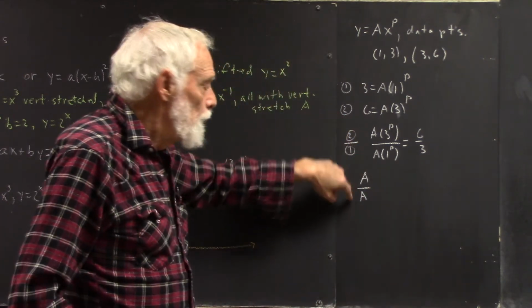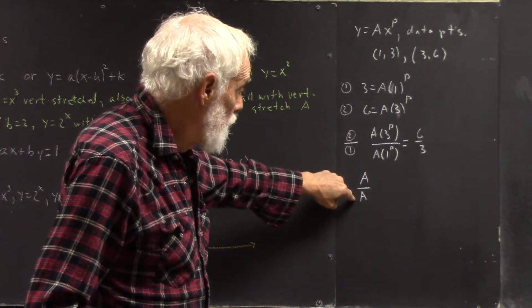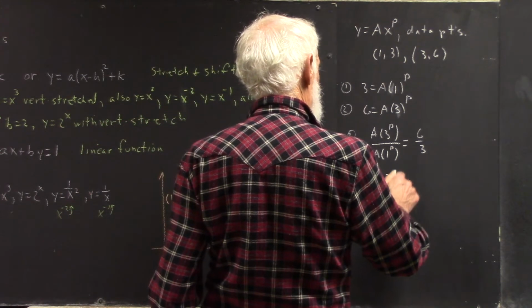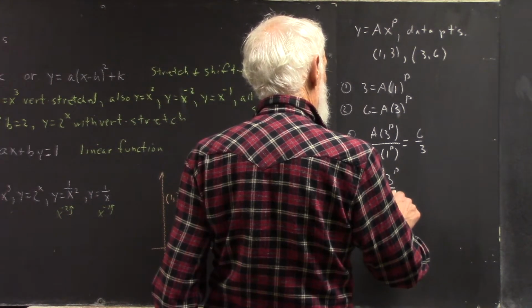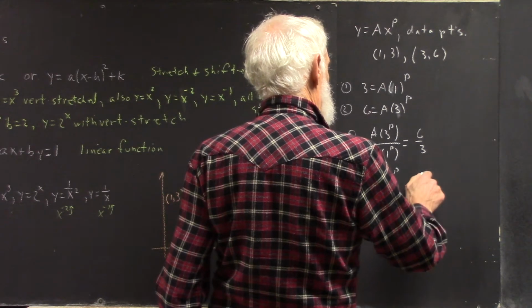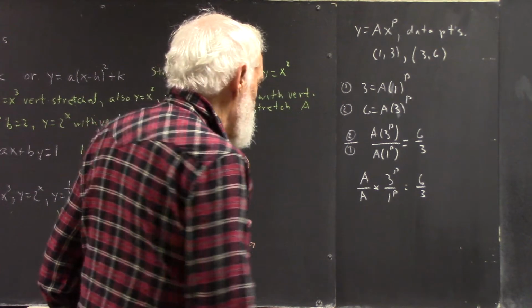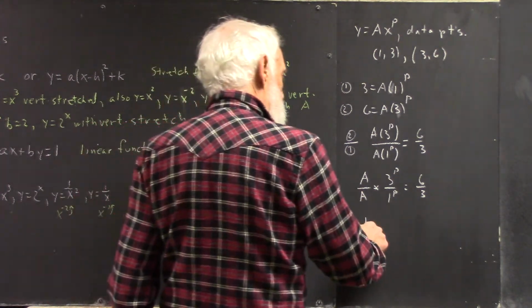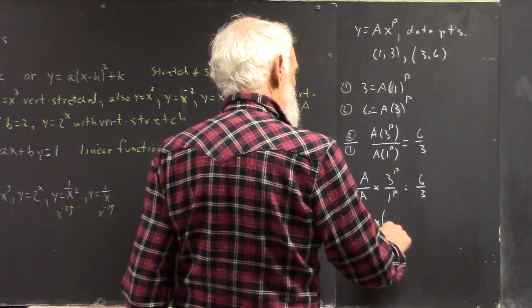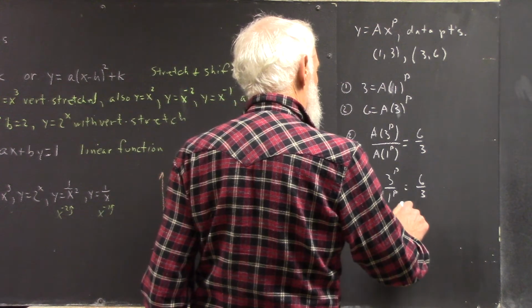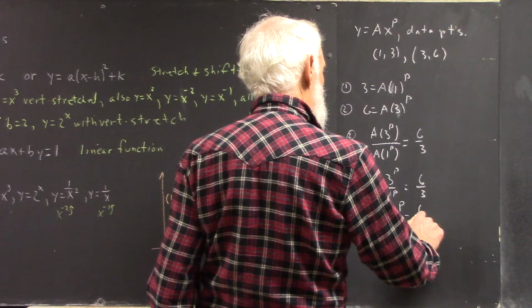Okay, so we do the algebra like this. a over a multiplied by 3 to the p over 1 to the p equals 6 over 3. Well, a divided by a is 1, and 3 to the p over 1 to the p is 3 to the p over 1, and you need to understand why.